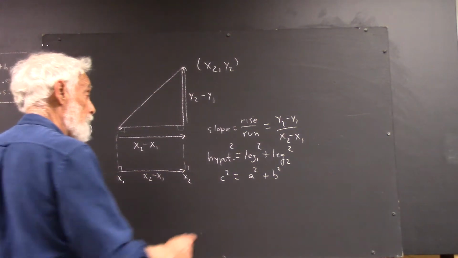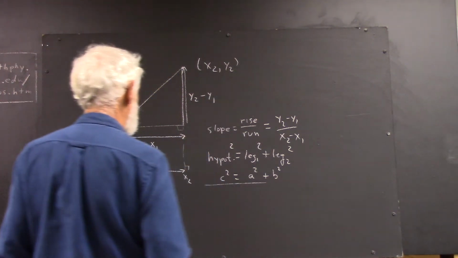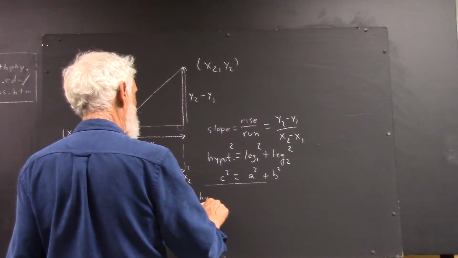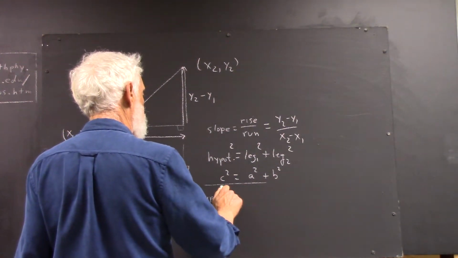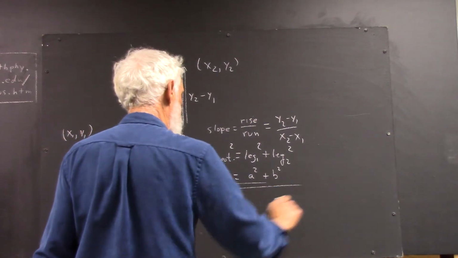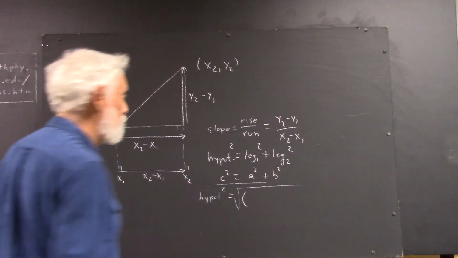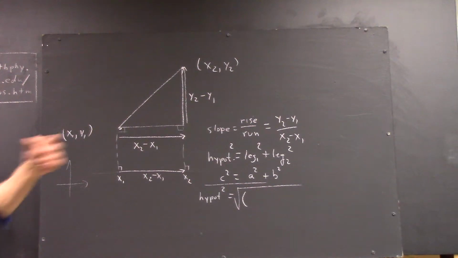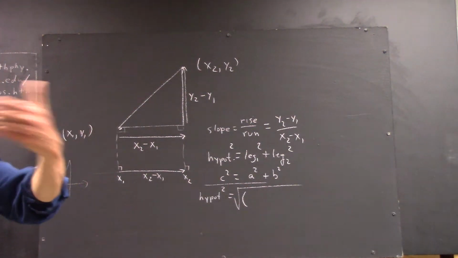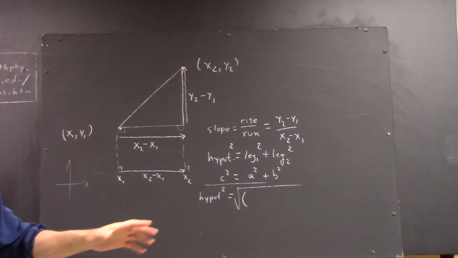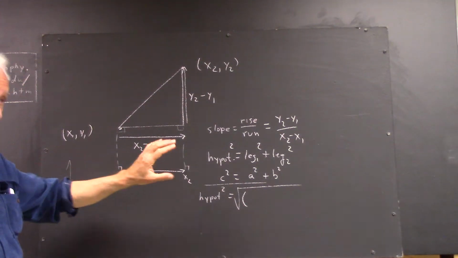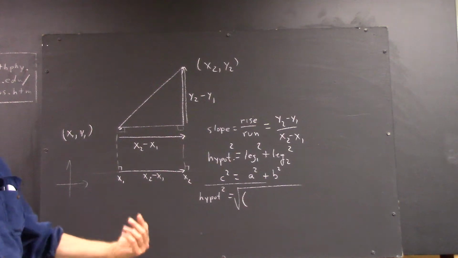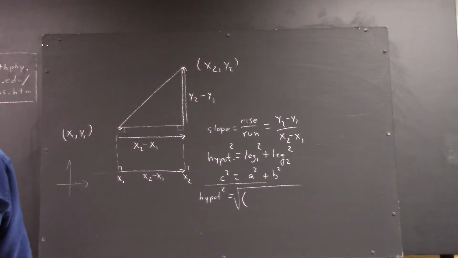So how do we apply this? This tells us that the hypotenuse squared equals leg 1 squared plus leg 2 squared. What's leg 1? Leg 1 is x2 minus x1 in terms of this picture, except it really isn't, because x2 minus x1 might be negative, because x2 minus x1 is a displacement, isn't it?